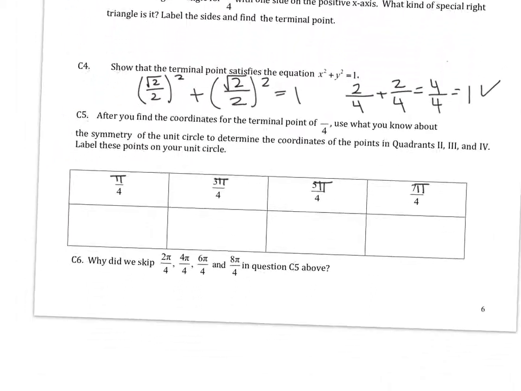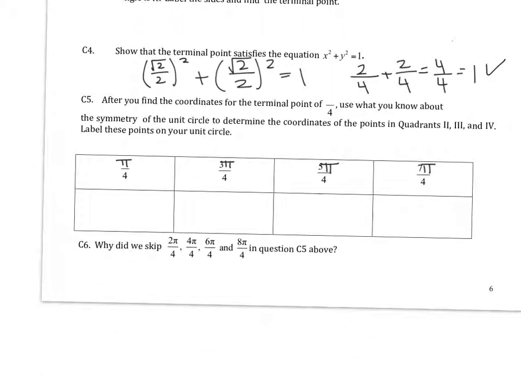So, if I want to pull this up, I'm going to take a look at this little chart. Pi over 4, remember we wound up with both positive because I'm in the first quadrant. This one's in quadrant 2, which means that the x will be negative and the y will be positive.